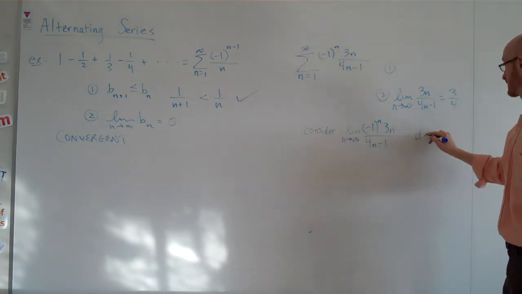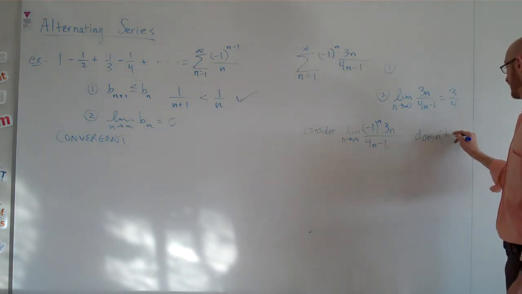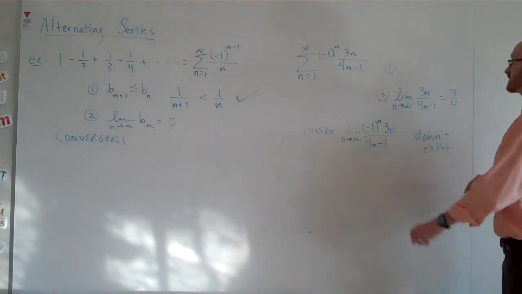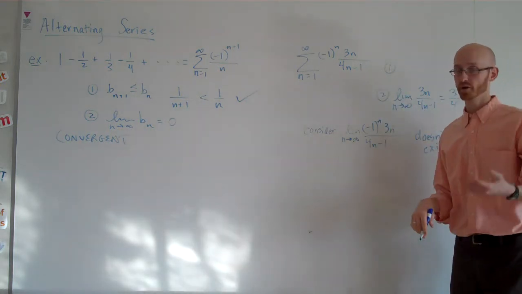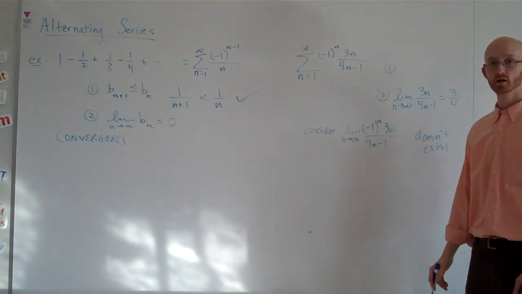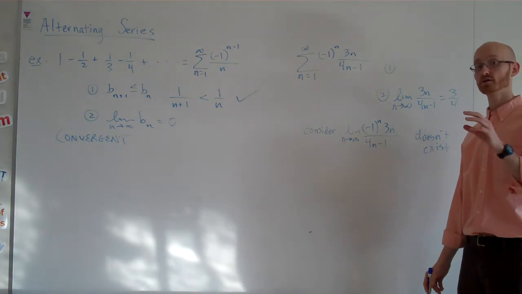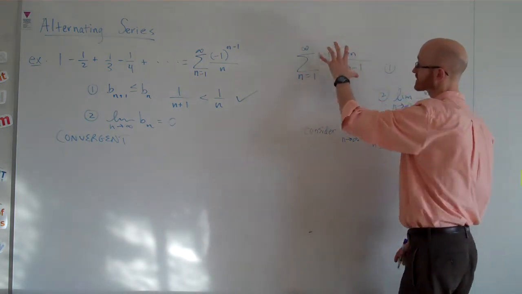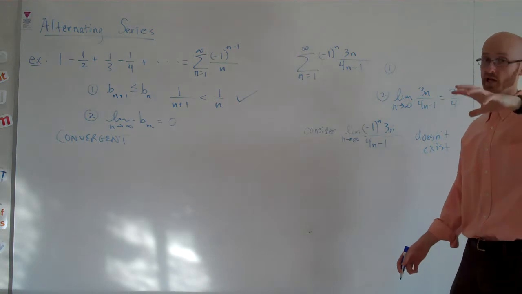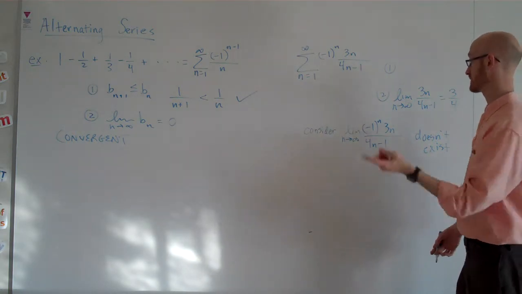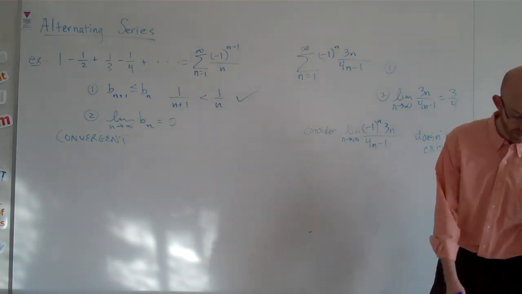This limit actually doesn't exist. And if the limit of the sequence doesn't exist, then remember, you're out of luck. The limit of the sequence that this whole series is based on must go to 0 for you to even have a chance of being convergent. This one doesn't, so it's divergent.